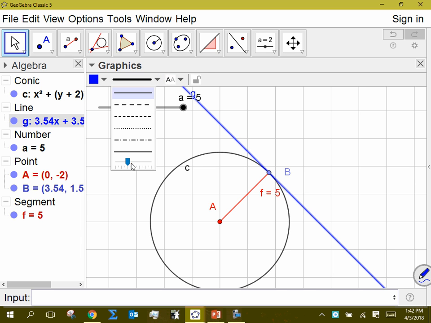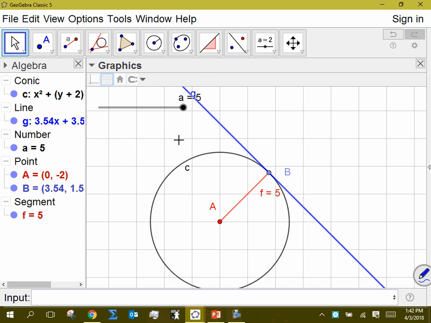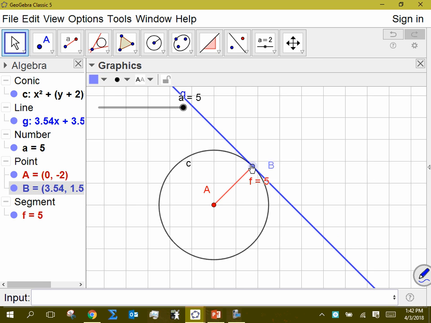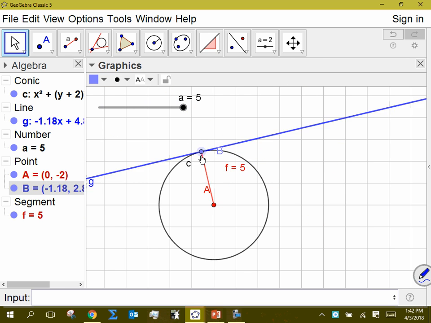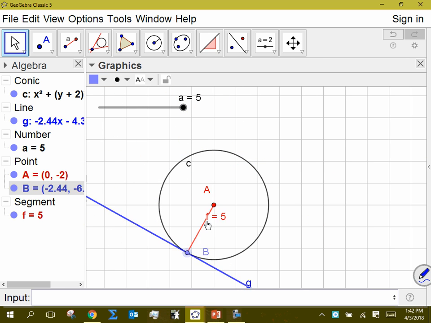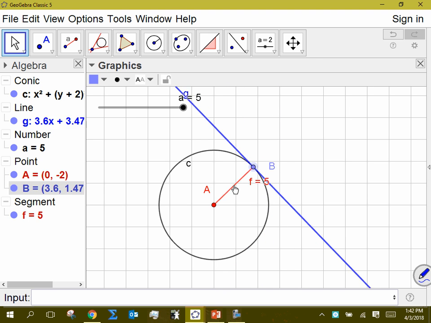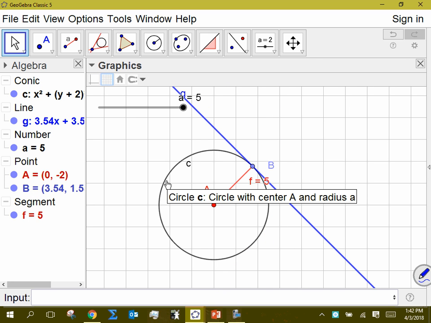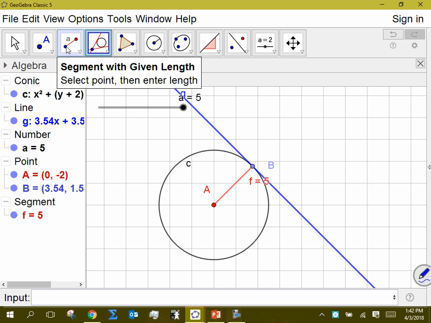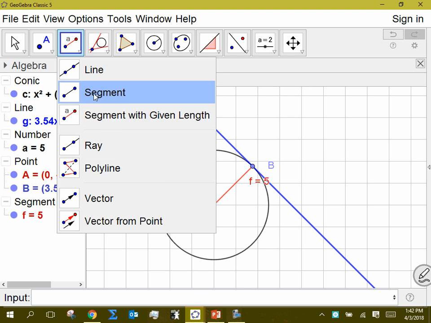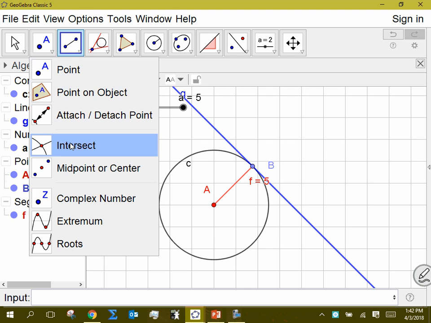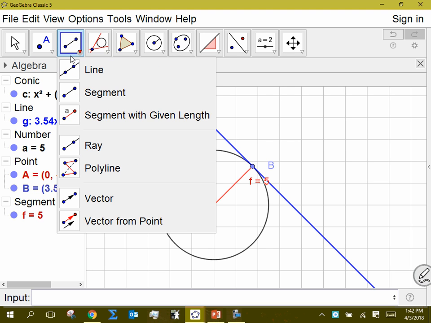That blue line, would you agree that it touches your circle only one time? Yeah. When you have a line that intersects a circle at one point and one point only, so this line, let me put a couple different ones in here.